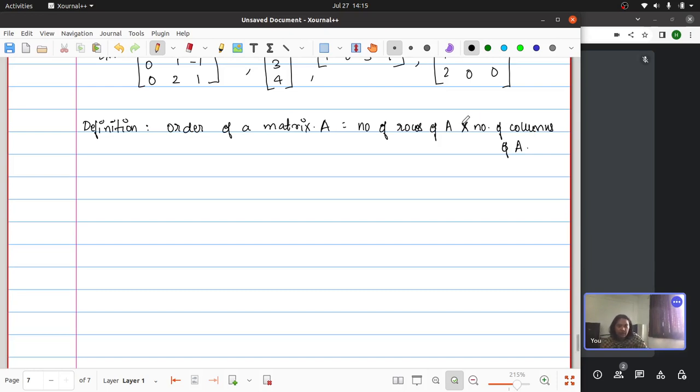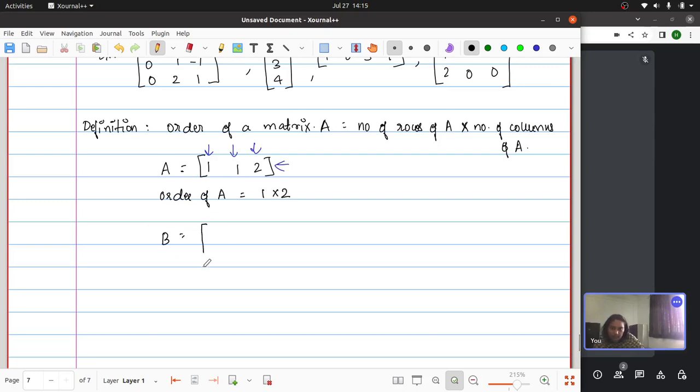Here the cross does not mean multiplication, it is just written as this cross. So let us look at an example, maybe that will make it clear. If we look at, let us say, 1 1 2, how many rows does it have? It just has one row, right, and 3 columns. So order of A equals 1 cross 3.